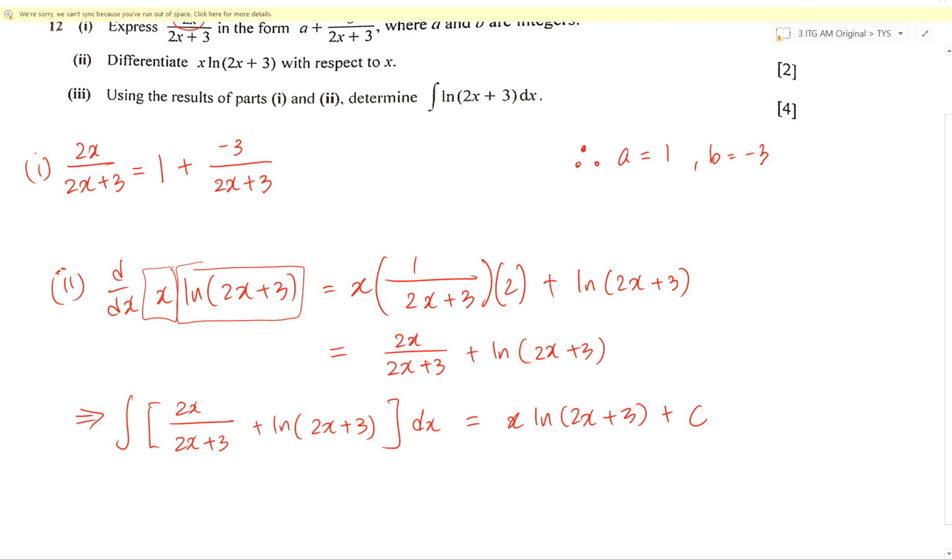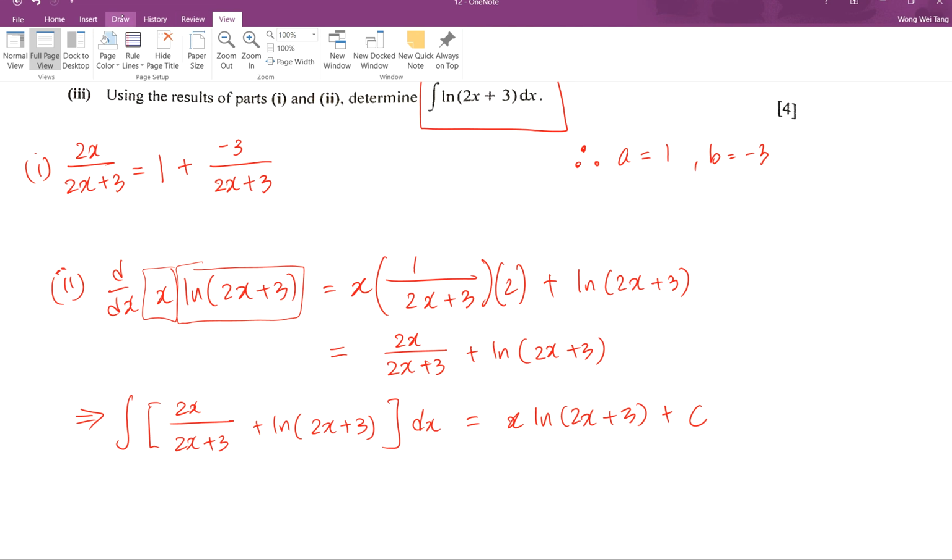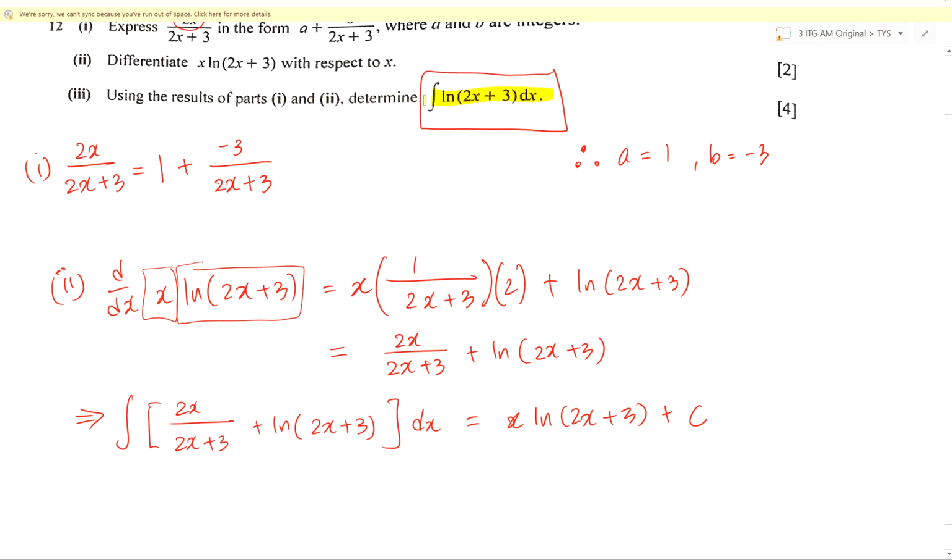Now let us find, is there an integral of ln(2x plus 3) in whatever we have written? Oh, we see that something familiar just popped up: ln(2x plus 3).